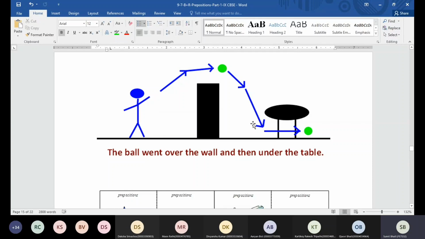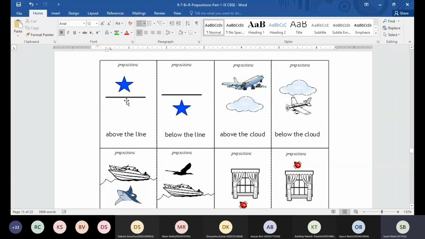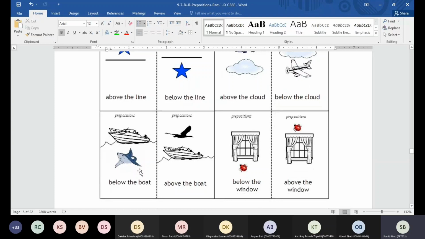So that means it covered this wall partially or completely and then went under the table. On top there was a table, at the bottom there was the ball. We also say above the line, that means leaving some space, and on top we are talking about. Below the line, leaving some space at the bottom. Above the cloud will be this, below the cloud will be this. Below the boat, above the boat, below the window, above the window, and so on.